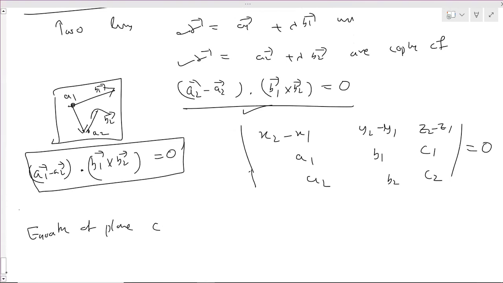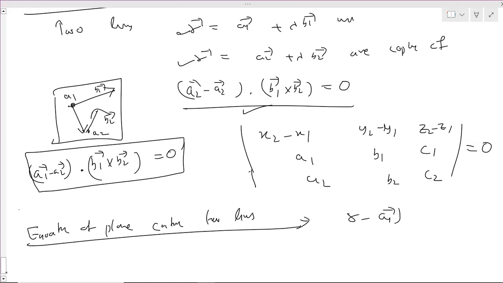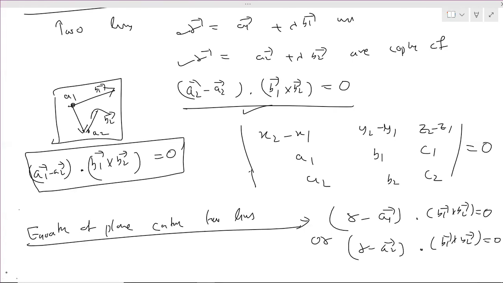Equation of plane containing two lines. This is R minus A1 dot B1 cross B2 equals 0, or R minus A2 dot B1 cross B2 equals 0. Again, you can derive this using the same concept.